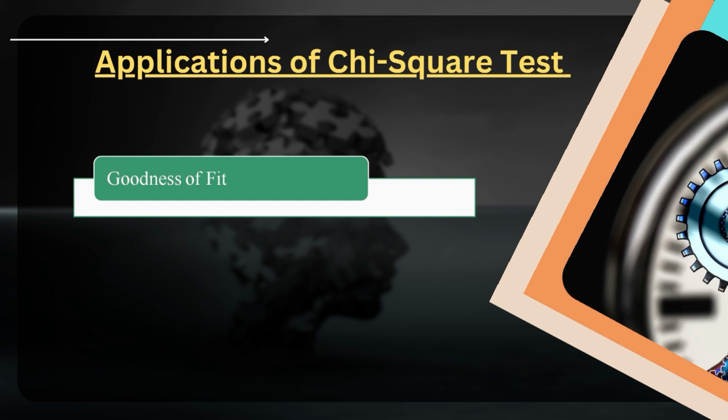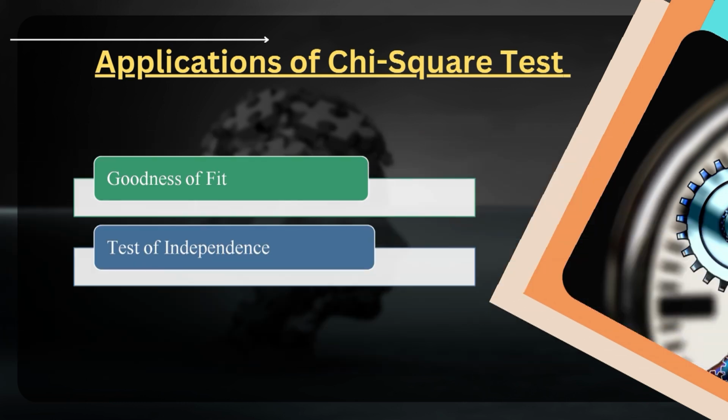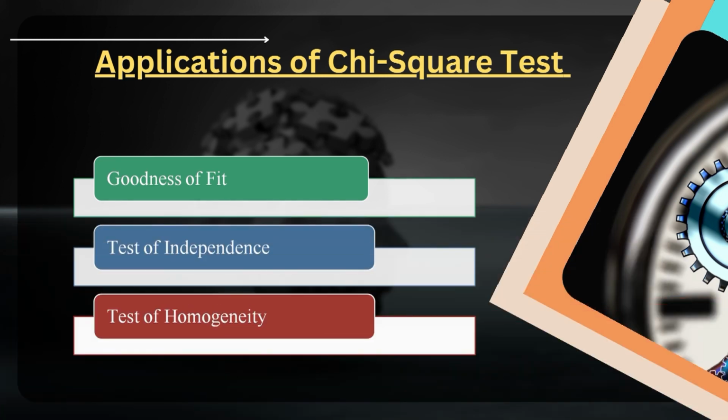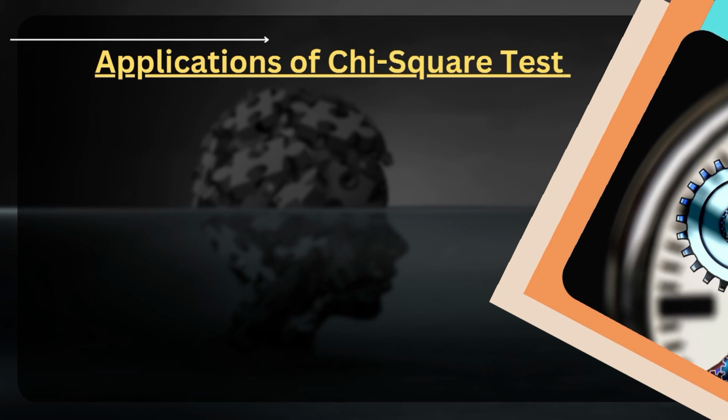Goodness of fit, I will explain later in detail. And second is test of independence. And third application of chi-square is test of homogeneity. So, these are three main applications of chi-square test. Let us understand in detail about these applications. First application, or the first type of chi-square test, is goodness of fit.